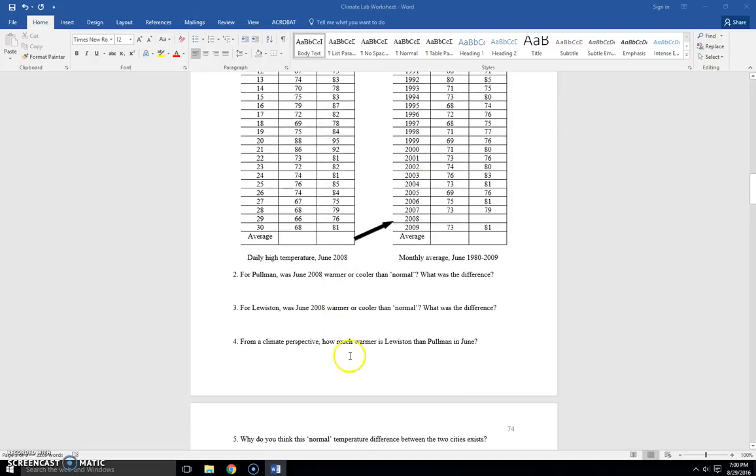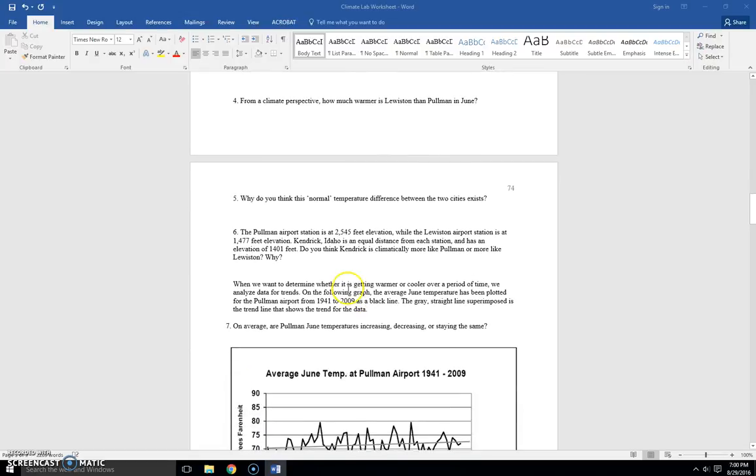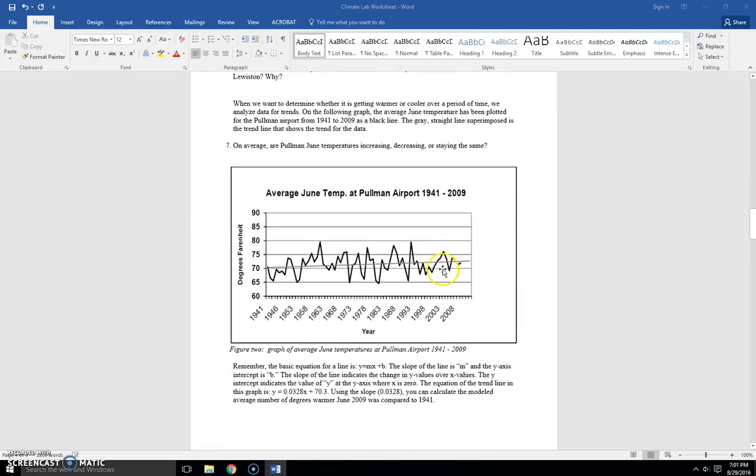And then you're asked several questions about the data that shouldn't be too difficult to answer. And then here's this graph with a trend line here. I use this trend line to make some predictions on what weather should be like a couple of years out from the data. So in 2010, which is in the past now, but it was in the future in the past.